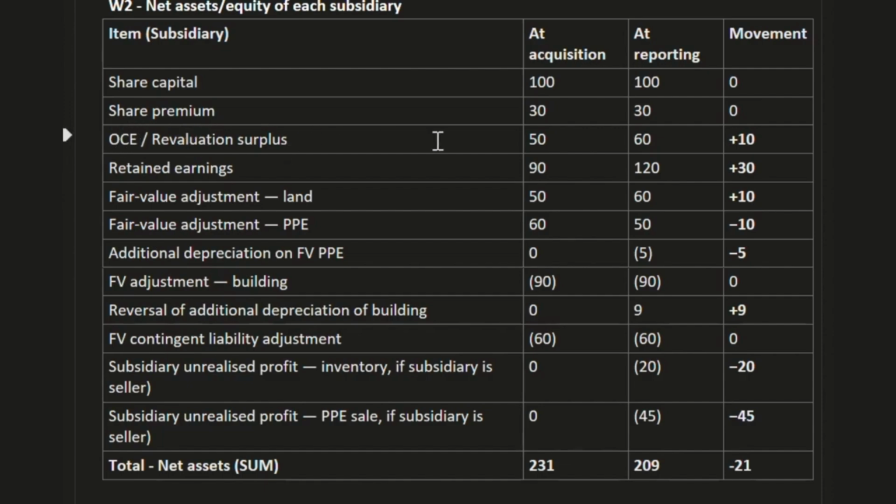OCE or revaluation surplus we have 50 at acquisition date, but at reporting date it has become 60. So the movement under this is 10. Retained earnings we have 90 at acquisition date, at reporting date it becomes 120. So the movement is 30.